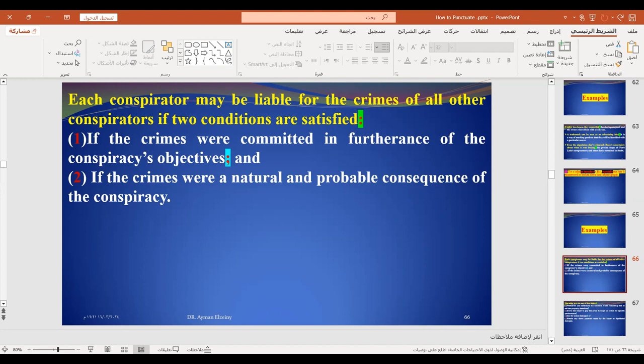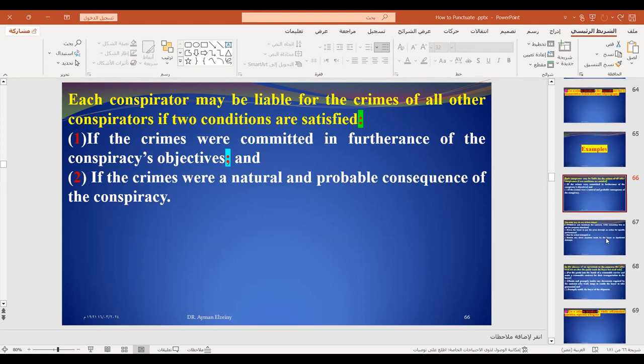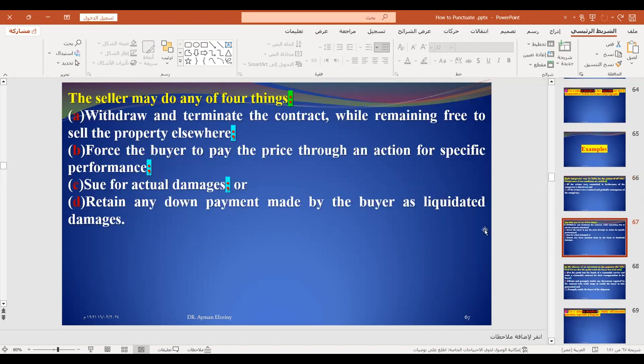If we want to write the following example, "The seller may do any of four things," the following content consists of a list of things which a seller may do.